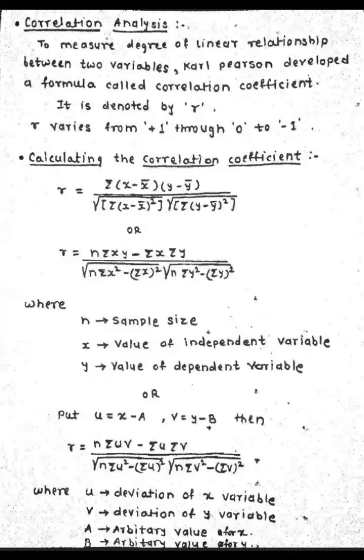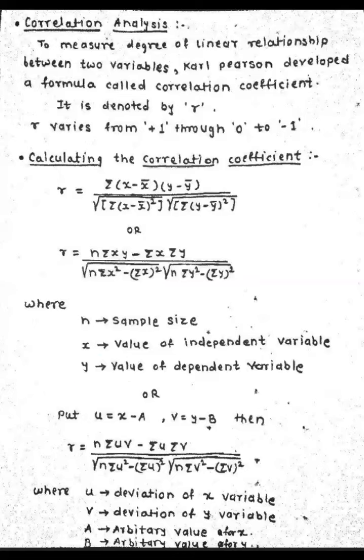Now students, do not confuse summation of x, its bracket square, with summation of only x square. Both are different terms. Here n indicates the sample size, that is, the number of observations. x is the value of the independent variable and y is the value of the dependent variable.